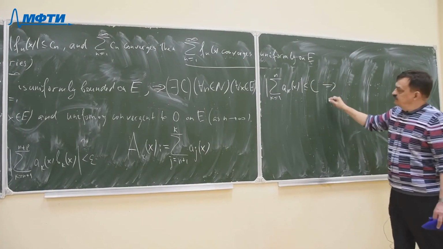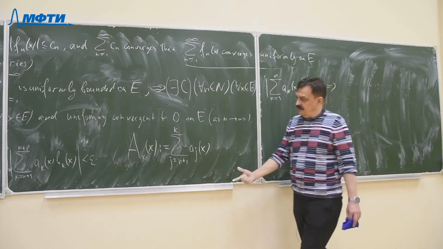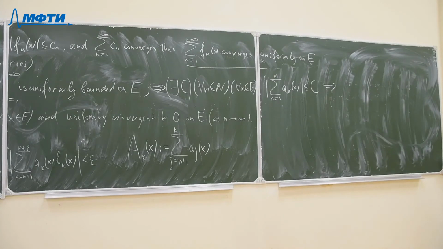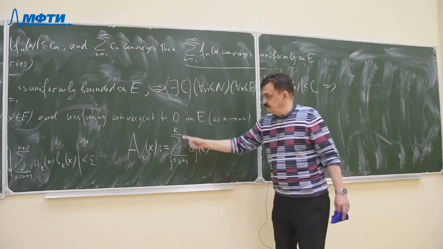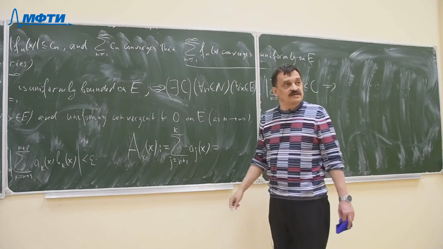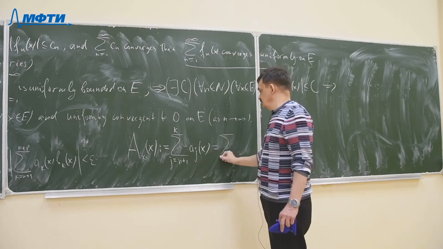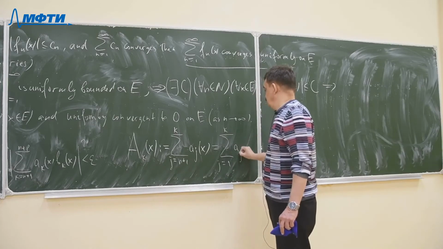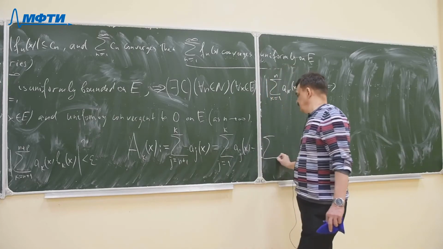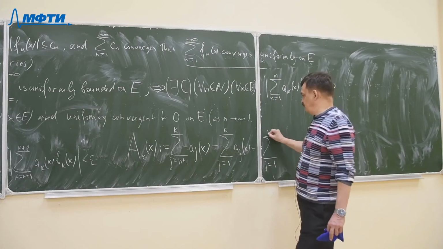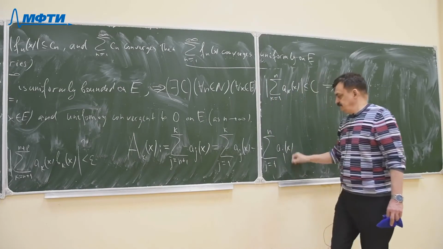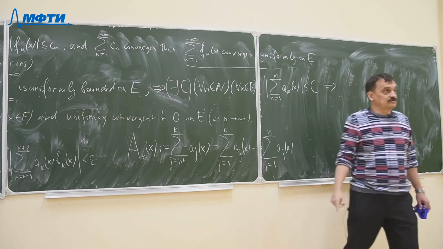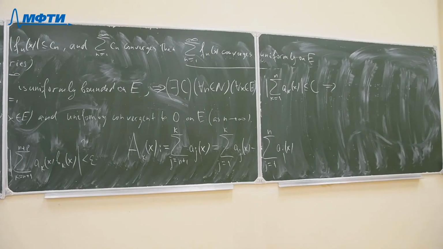And what can we deduce from that inequality about capital A_k? What is capital A_k? We can represent it as a difference between the sum j starts from 1 up to k minus the sum j starts from 1 up to n, right? So we just cancel the sum of the first n terms.